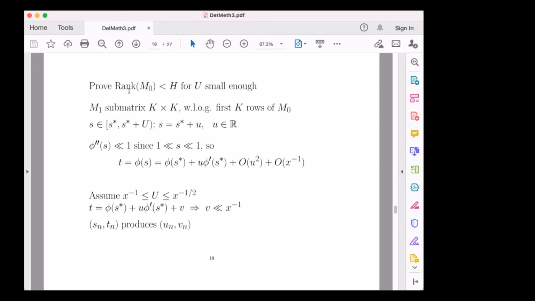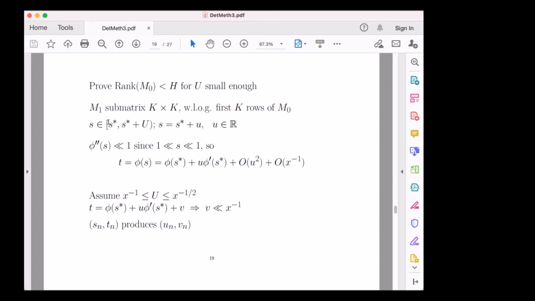Okay, so how do we prove that the rank of M0 is strictly less than, I should say K again, for U small enough? Well, we look at a square submatrix, and without loss of generality, we can make it the first K rows.